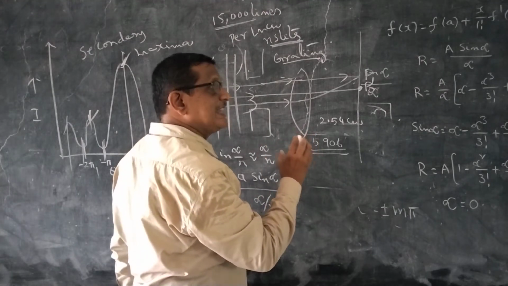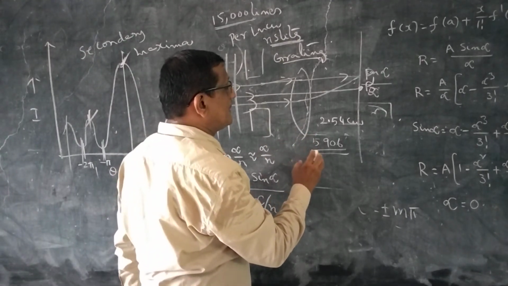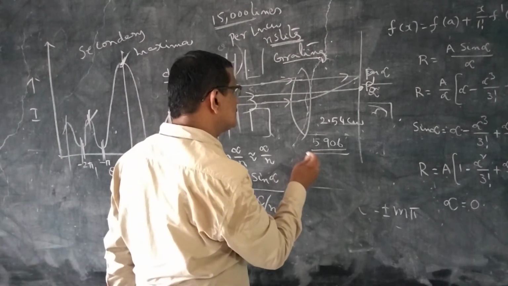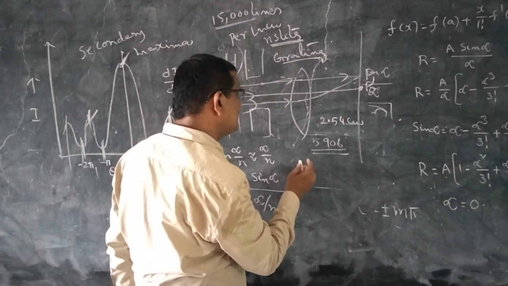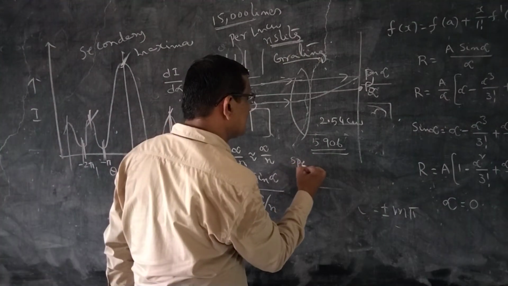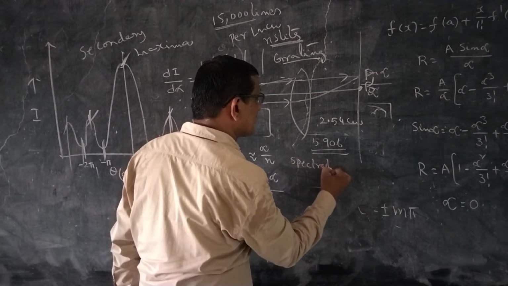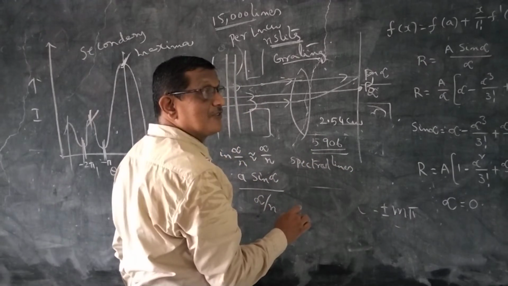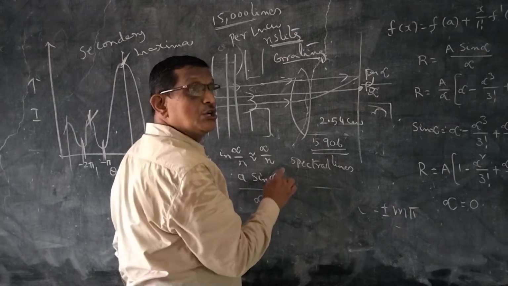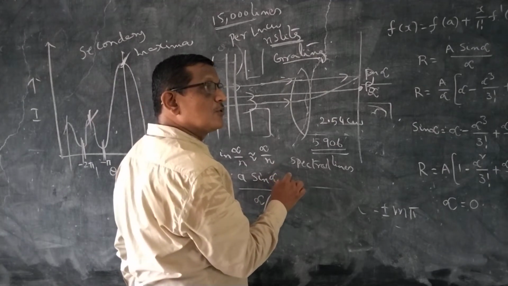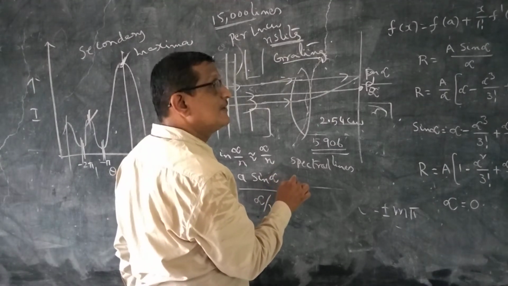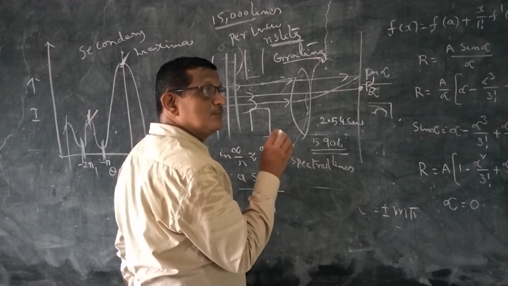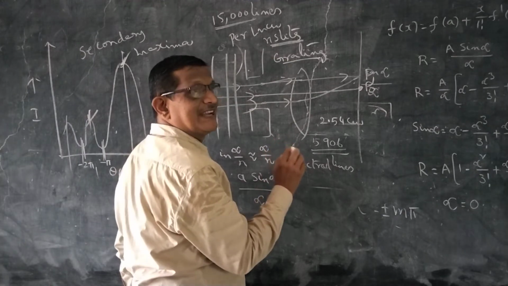By placing the grating at normal incidence, we can produce spectra and at the same time determine the wavelength of spectral lines. The next aspect is determination of wavelength of spectral lines using a grating. Before that, we should have some simple idea about the theory of grating.